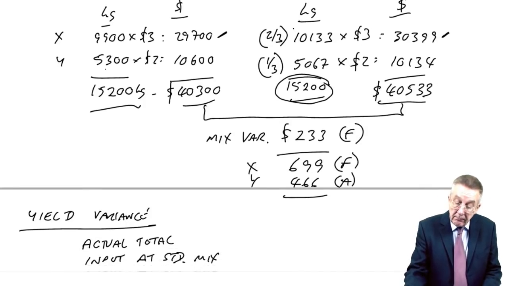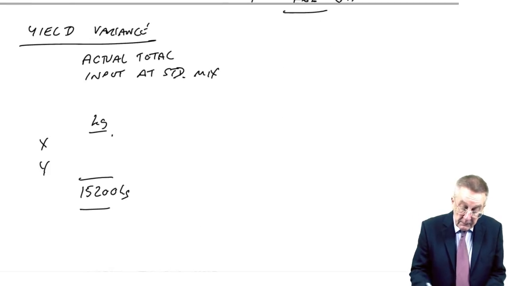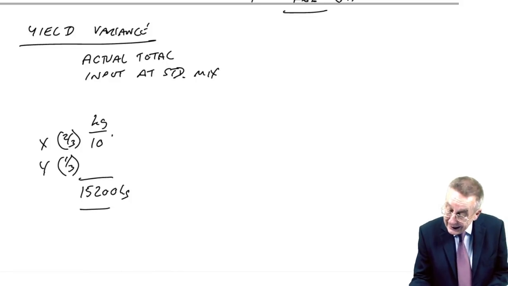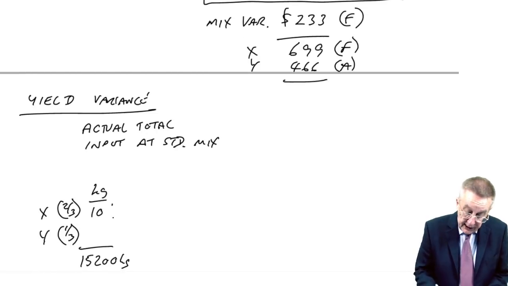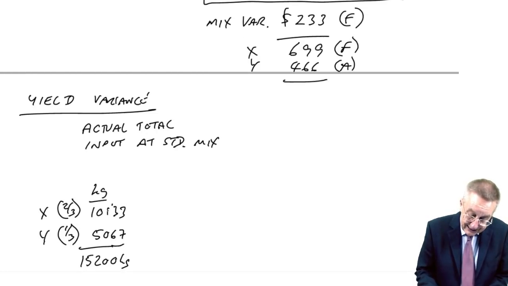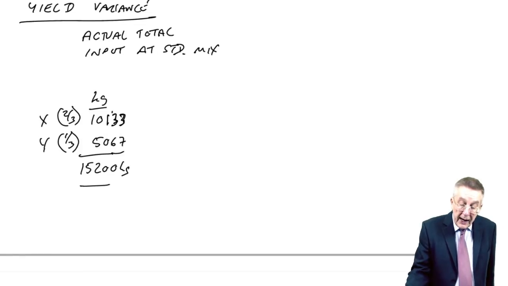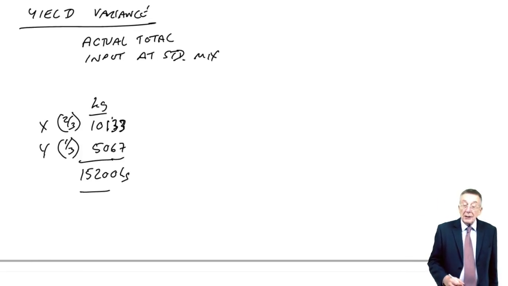And how should we have mixed it? It should have been 2/3, 1/3. Which was 10,133 and 5,067. So that's what we actually bought in total at standard mix, because I've dealt with mix variance.